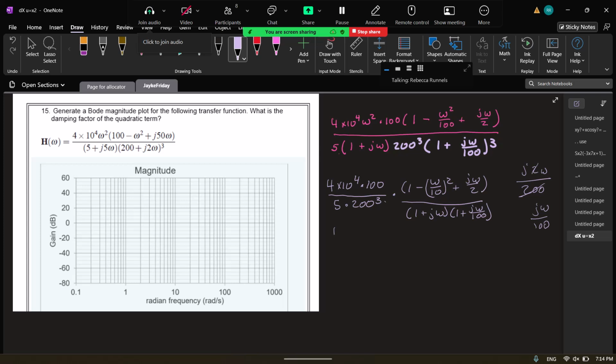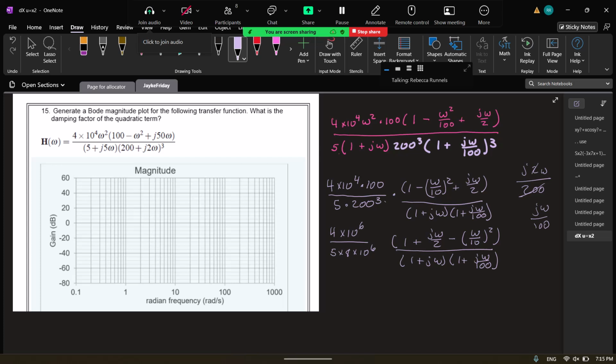So that's 4 times 10 to the 6th over 5 times 8 times 10 to the 6th times 1 plus j omega over 2 minus omega over 10 squared over 1 plus j omega times 1 plus j omega over 100.